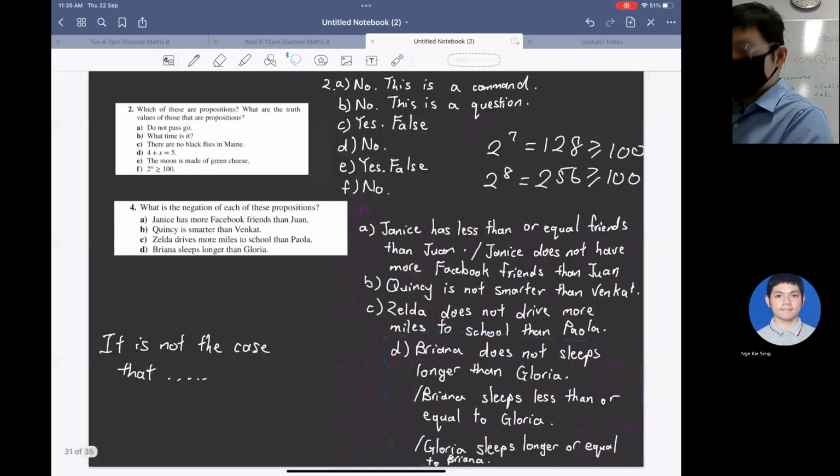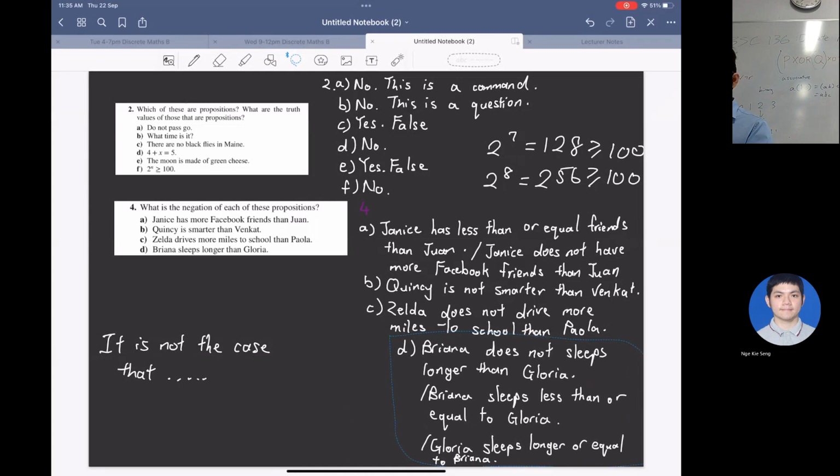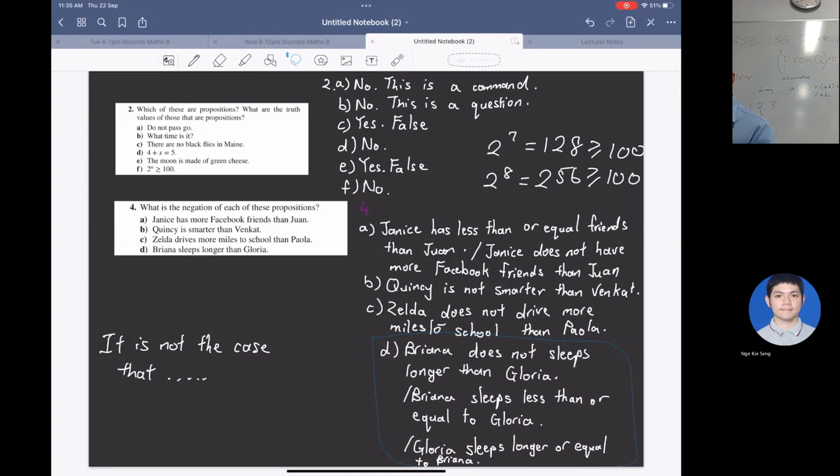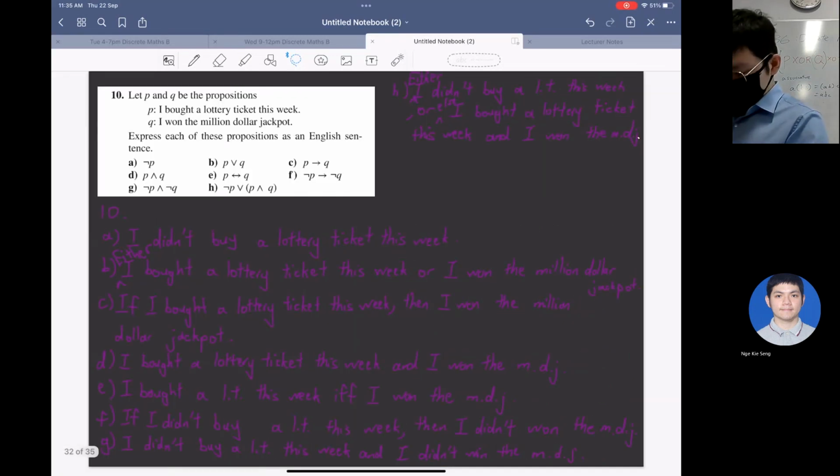Okay. Any question? No? Okay. We keep going. Okay. So next. So P, I bought a lottery ticket this week. Q, I won the $1 million jackpot. Okay, next. 10A.